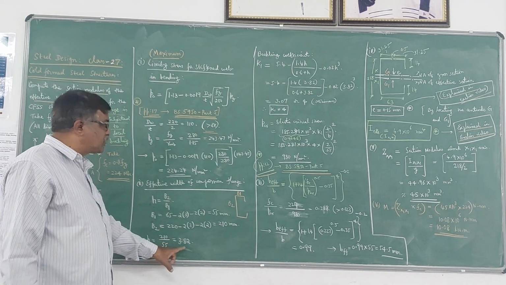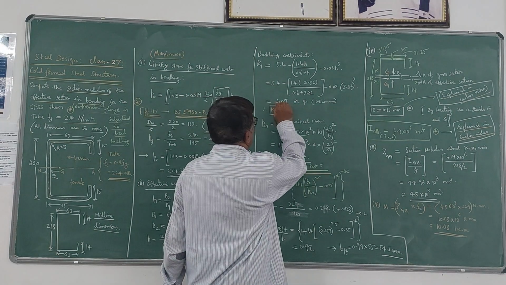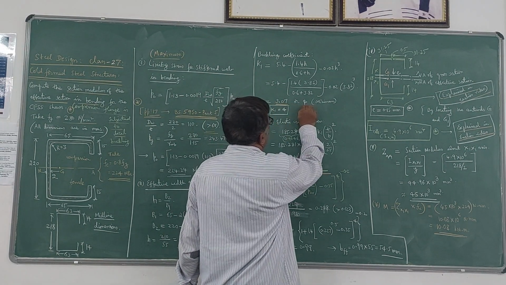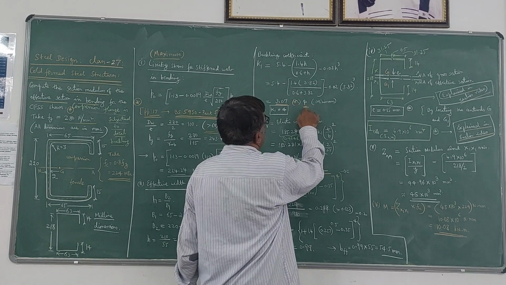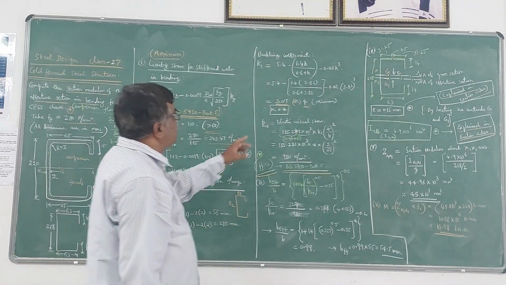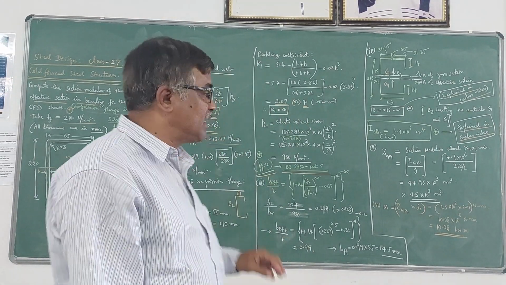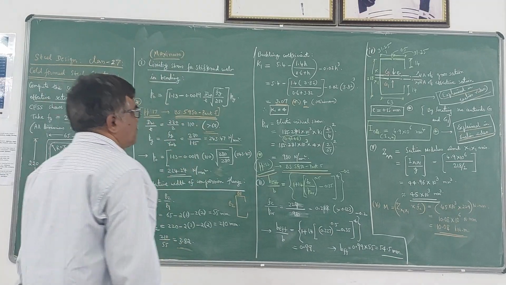Substituting the value of h as 3.82 and simplifying, you are going to get 3.07 as the answer. But as per the code, the minimum value we have to provide is 4. Therefore, take K1 as 4. If this K1 value is greater than 4, that value you have to take. If it is less than 4, you have to stick to 4.